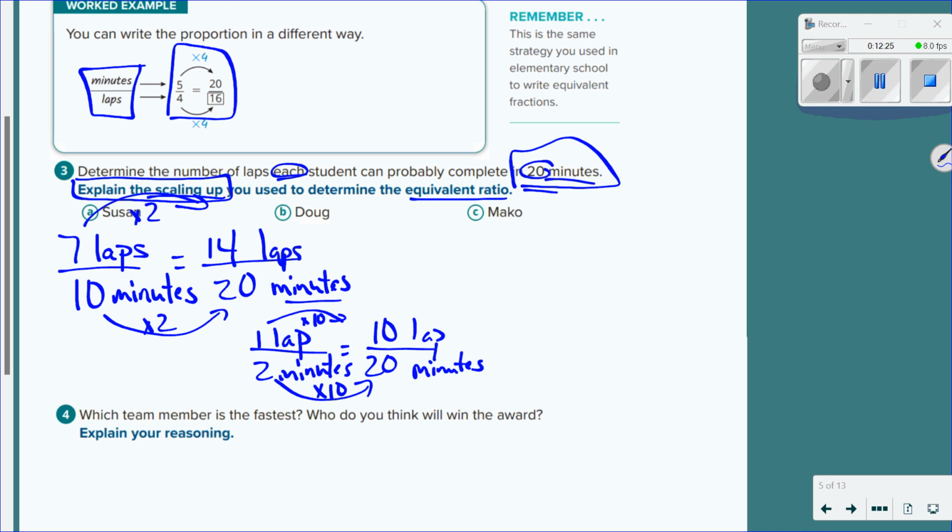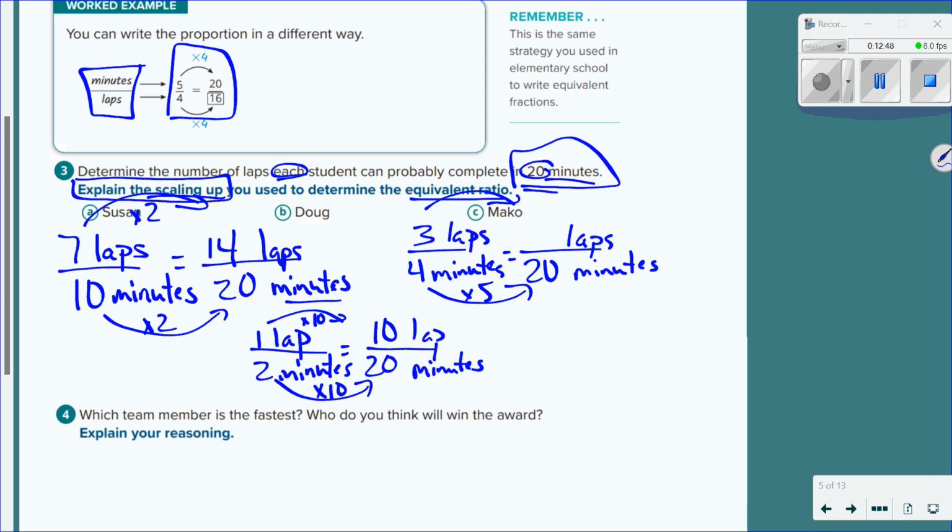What's my base for Mako? 3 laps, 4 minutes. And I just throw it in, laps, minutes. I know I'm going to 20. 4 to 20 is going to be times 5. 3 times 5 gives me 15.